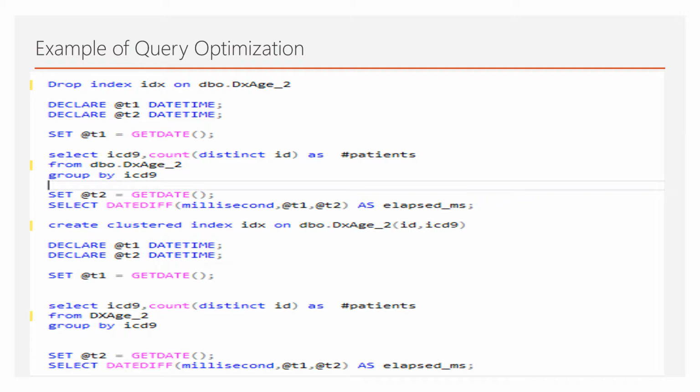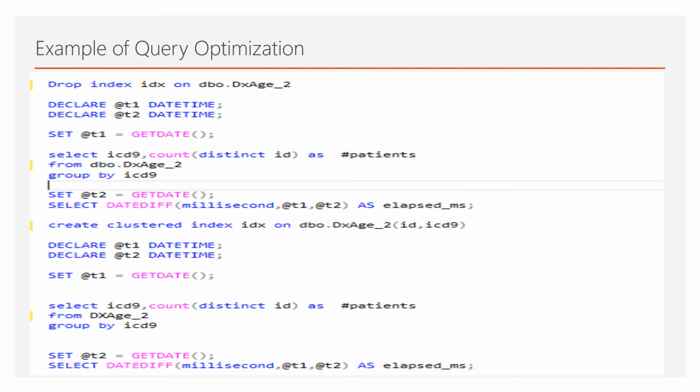And the first one takes 1 minute to run. So the set T2 will be roughly 330. So 1 minute difference. And you would select the difference of T1 and T2 in elapsed milliseconds. It would be roughly 60 times 1,000, so 60,000 milliseconds, because a minute has 60,000 milliseconds, and then crisscross the index.